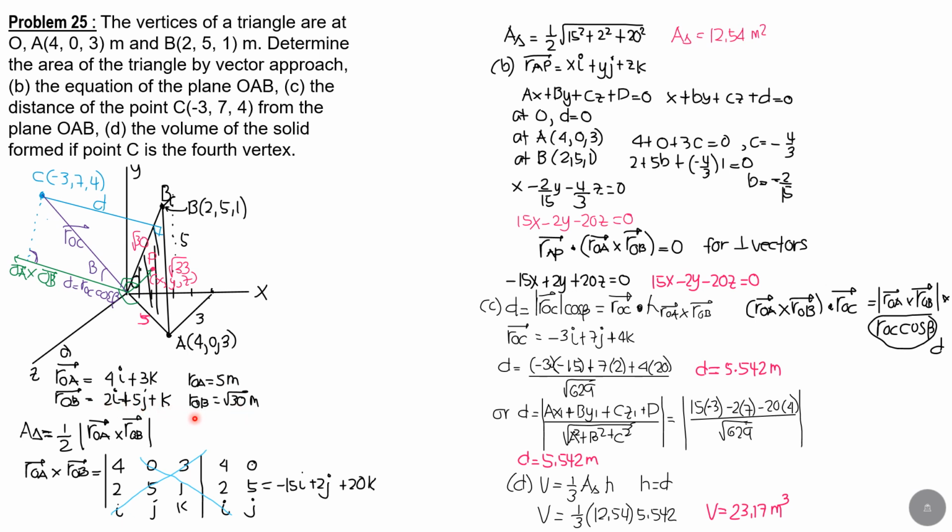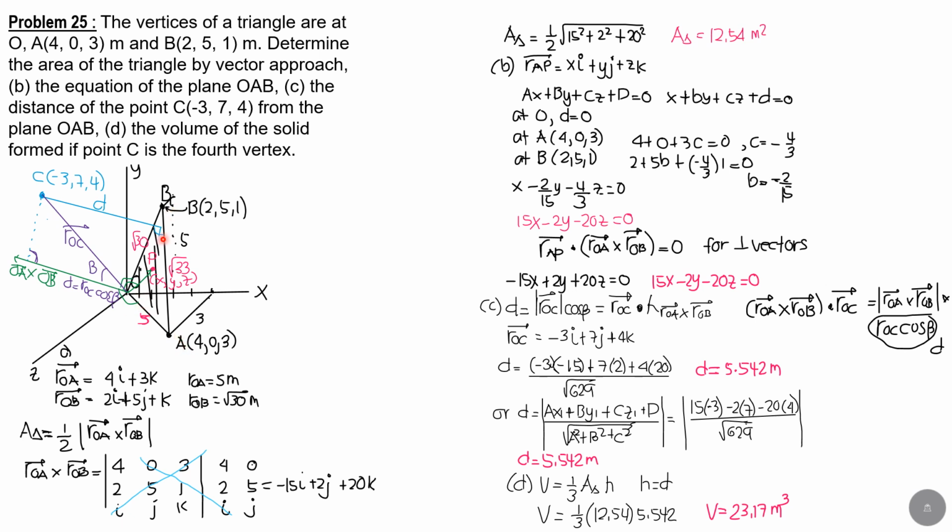So remember that when we cross OA with OB, it is a vector, and the magnitude of that resulting vector, remember from statics, from cross product, is the area of the parallelogram formed between the vectors.